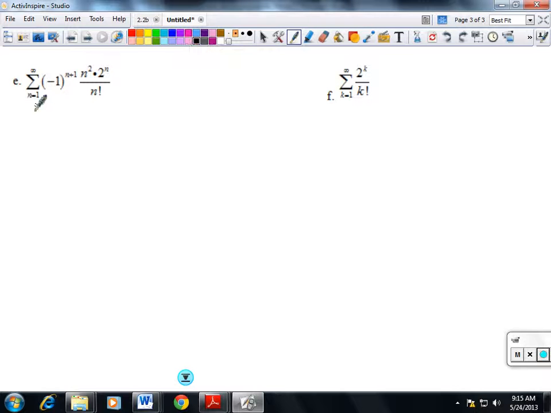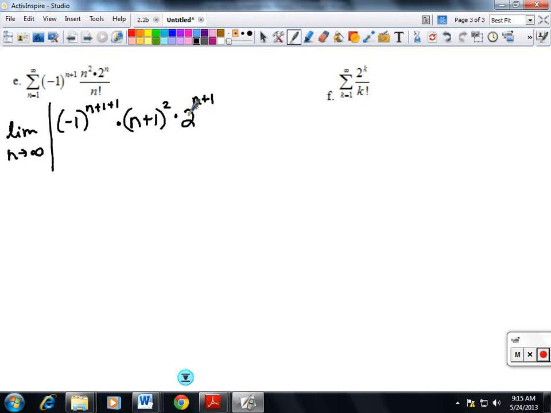So that's the limit as n goes to infinity of -1 to the n plus 1 times n plus 1 squared times 2 to the n plus 1 over n plus 1 factorial times n factorial over n squared times 2 to the n.